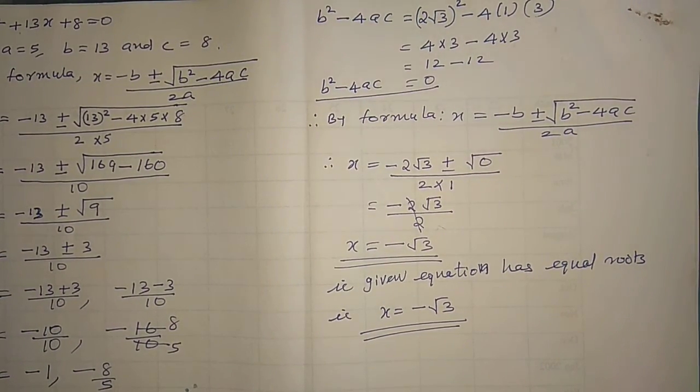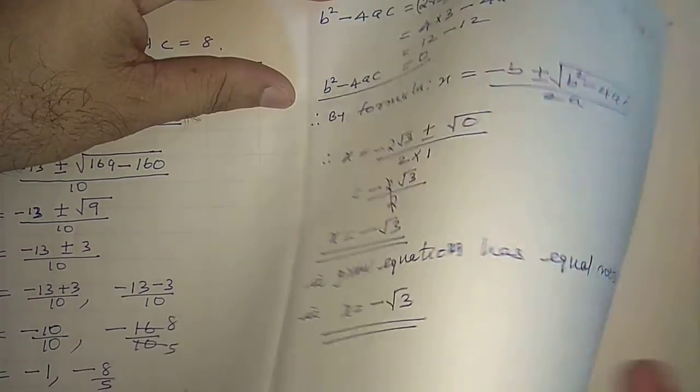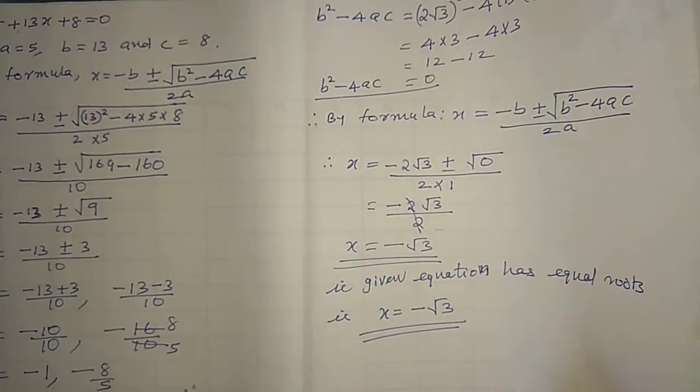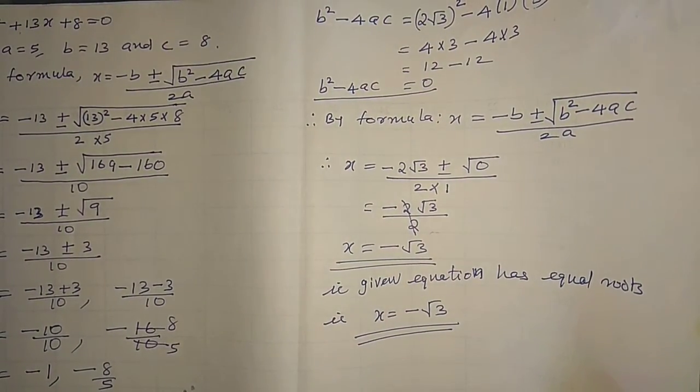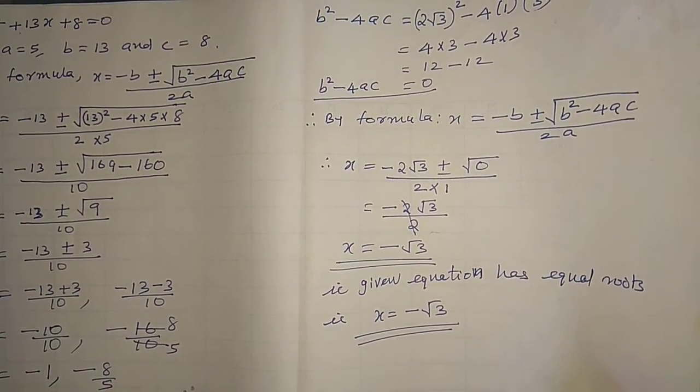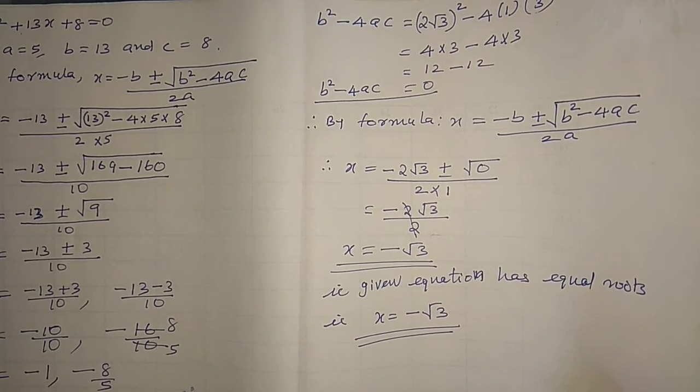This is the third question, and the exercise gets over. Which exercise gets over? 2.4 gets over. Now we have to go for 2.5.